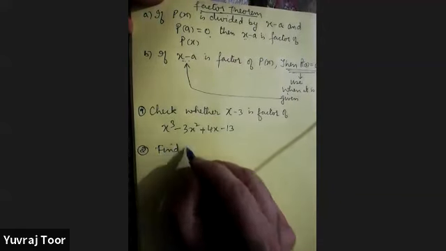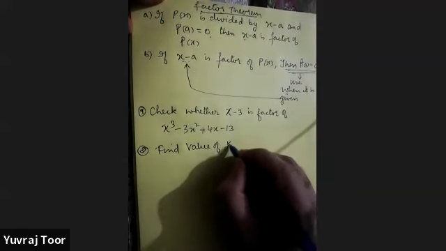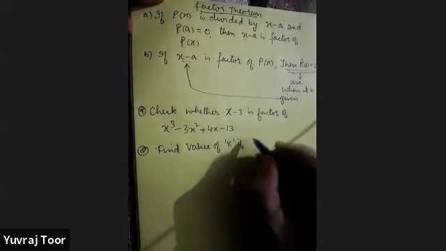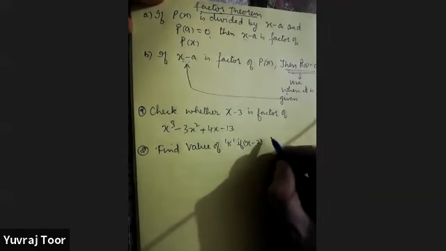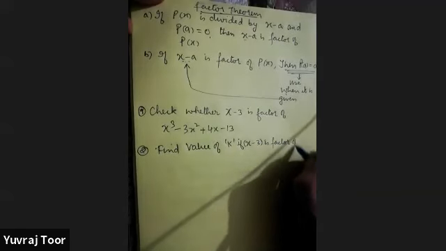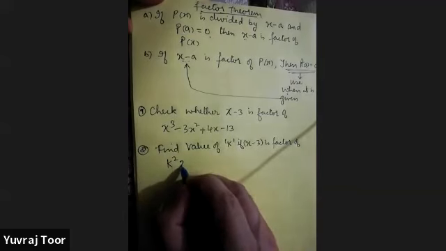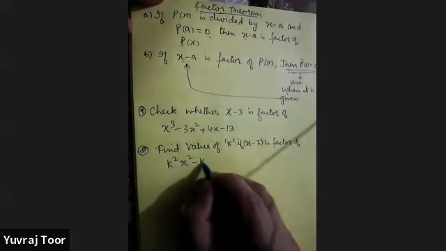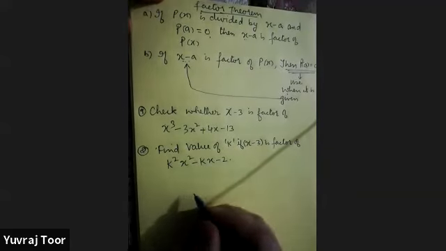Find the value of k if x minus 3 is a factor of k square x square minus kx minus 2.